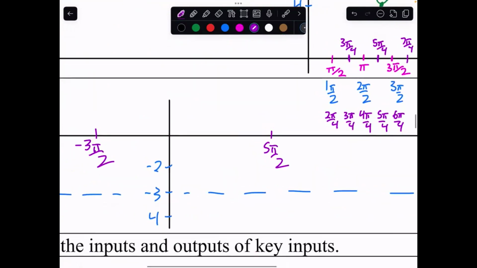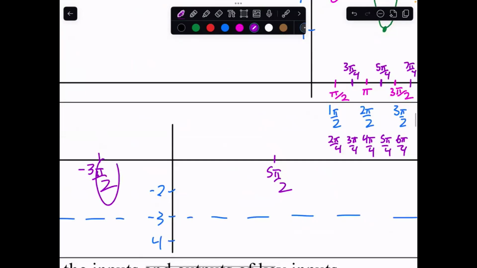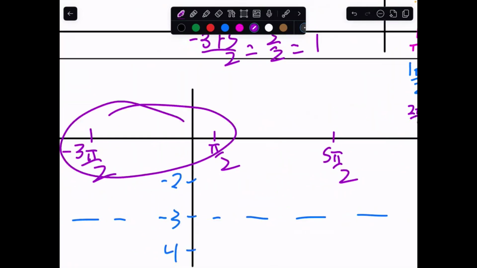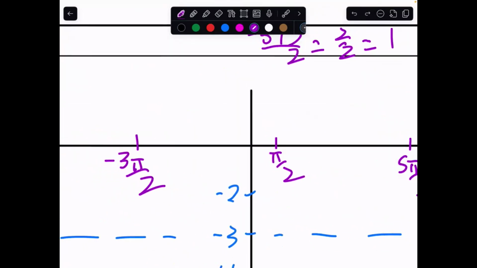Okay, so what's halfway between those? Notice the pi over 2 part matches, so I just need to worry about the -3 and the 5. Halfway between -3 and 5 is 1. So 1 pi over 2, or just pi over 2. Okay, halfway between these, I already have a common denominator, so I don't need to double anything.